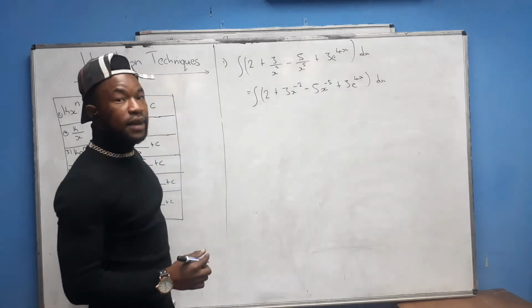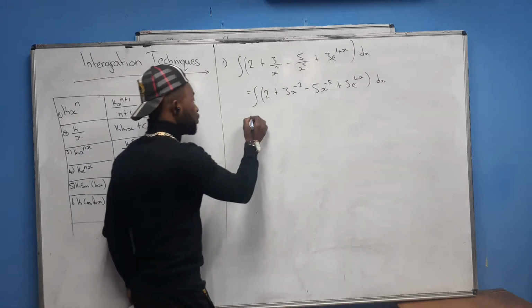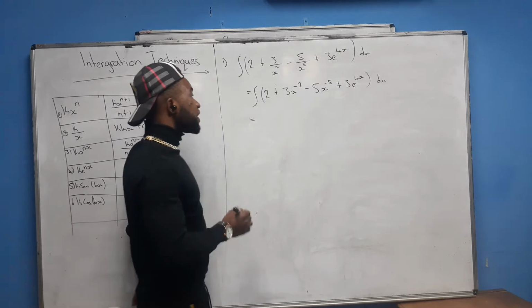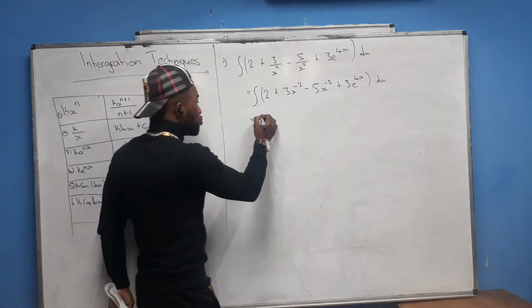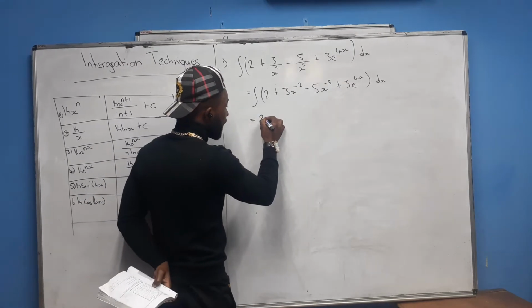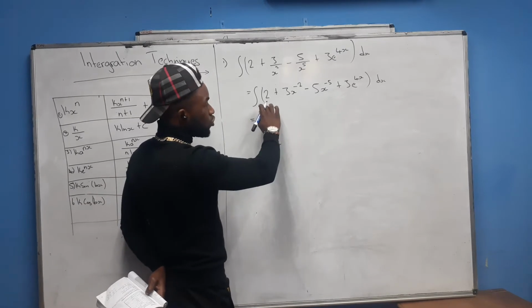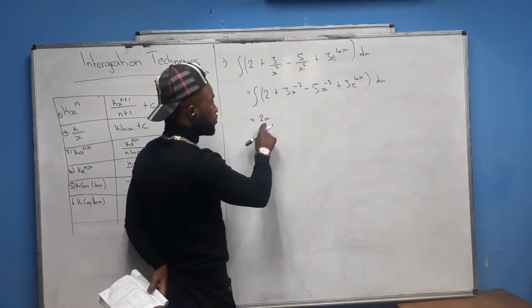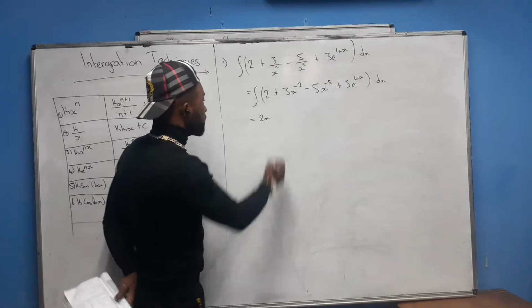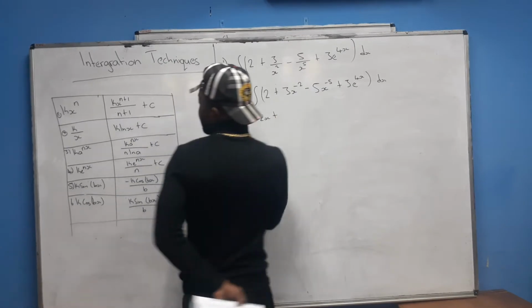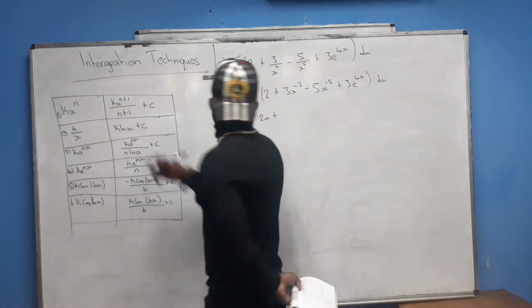Now I can integrate. Whenever you're integrating a constant, it's going to be 2x. Whenever you integrate a constant in terms of x, you have to put an x. This is the same thing as kx to the power n.